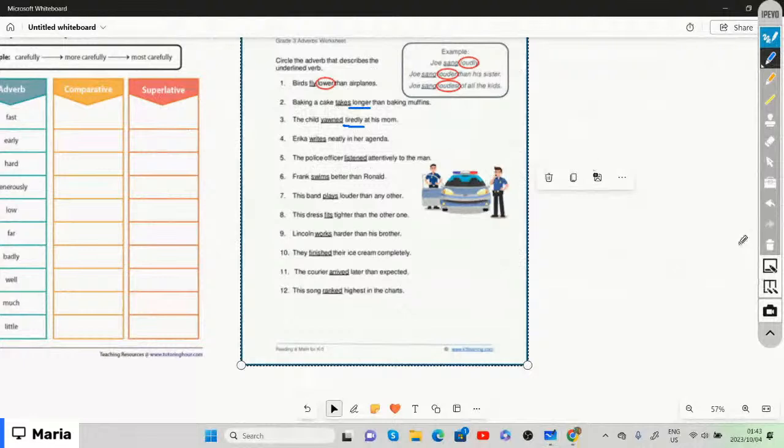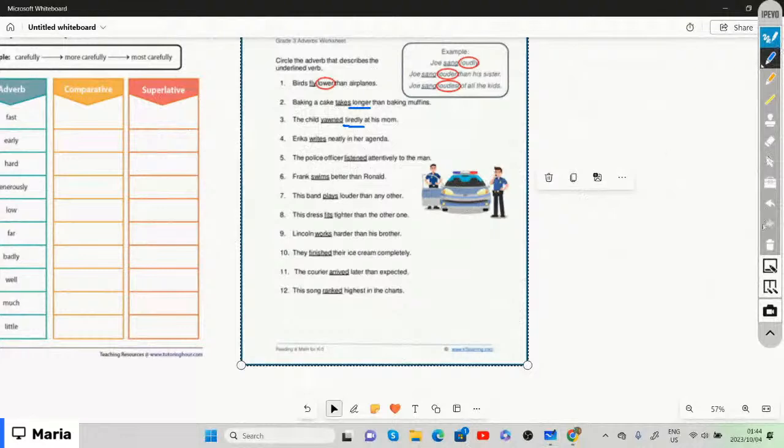So basically, before we go on, this is our comparative adverbs, and our chapter for today is comparative adverbs. With comparative adverbs, we either compare two actions or more than two actions. And remember, an adverb tells us more about the verb.